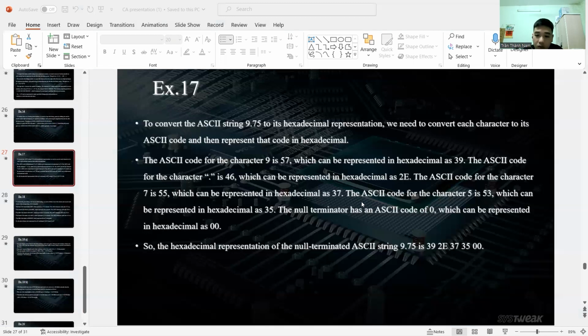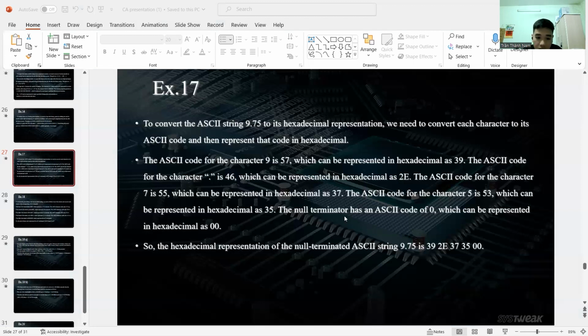The ASCII code for the character 5 is 53, which is 35 in hexadecimal. The null terminator has an ASCII code of 0, which is 00 in hexadecimal.